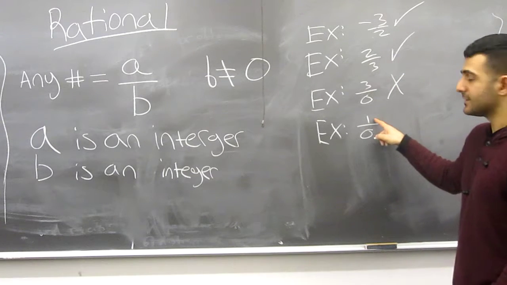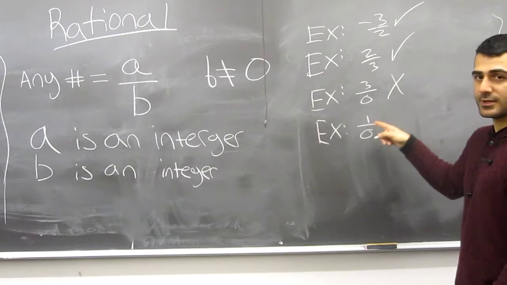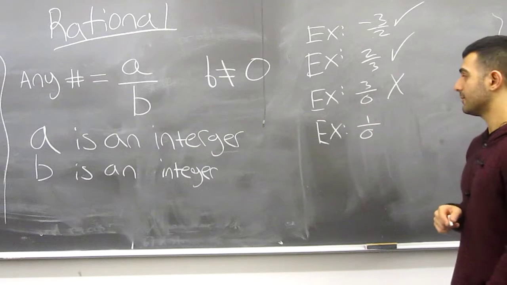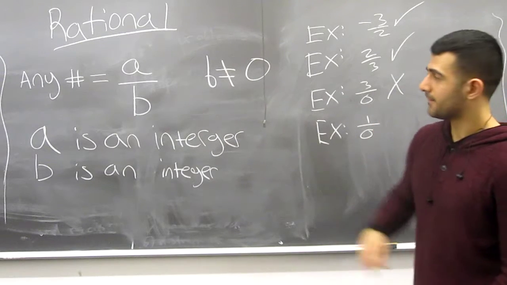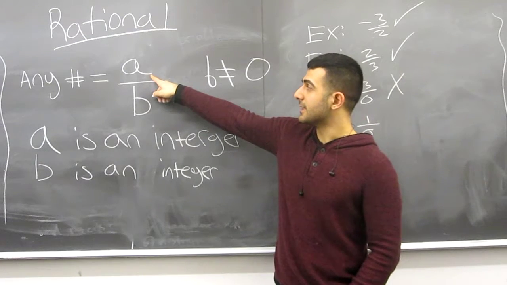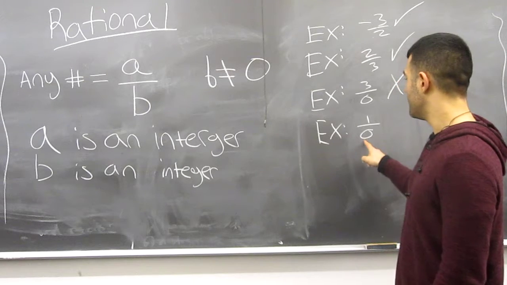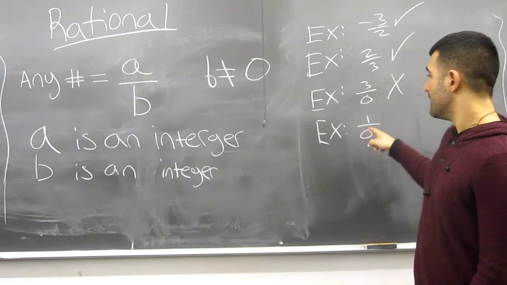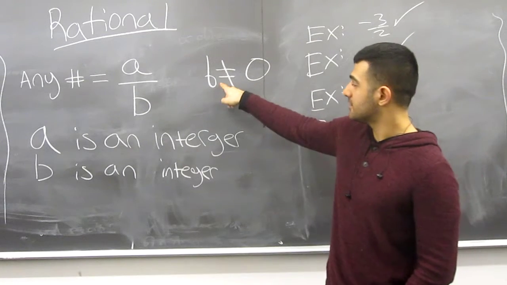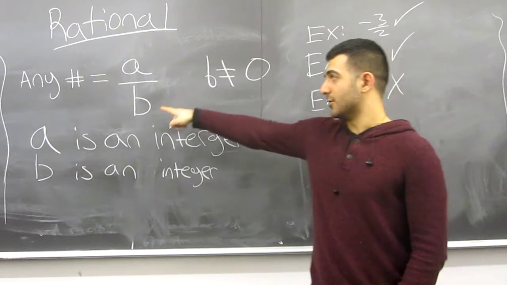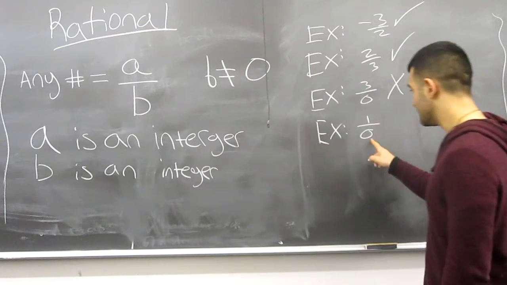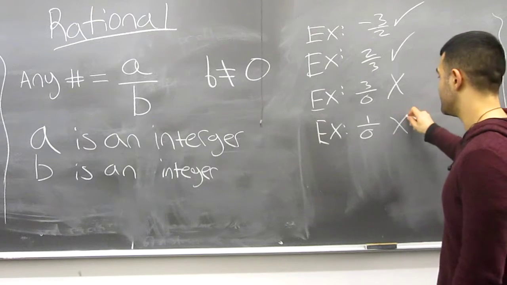Again, let's look at the last example. The top number is 1, the bottom number is 0. Well, 1 is an integer, and the bottom number is an integer because that's 0. But again, it fails to satisfy the condition that b cannot be 0. In this case, b is 0, so it's not a rational number.